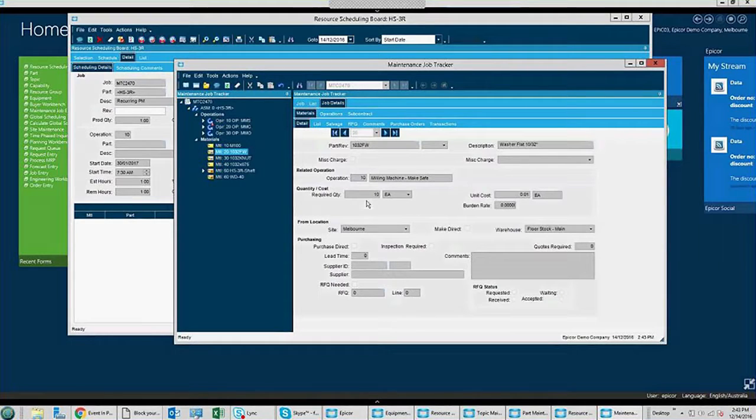I've got some flat washers, some nuts, some other bits. I've got a shaft that's purchased directly for this job and this job only, because we don't stock it. We want it bought directly. WD-40 may seem like a silly example, but the reason we buy it directly for a job is because it just seems to evaporate if we leave it around the place.